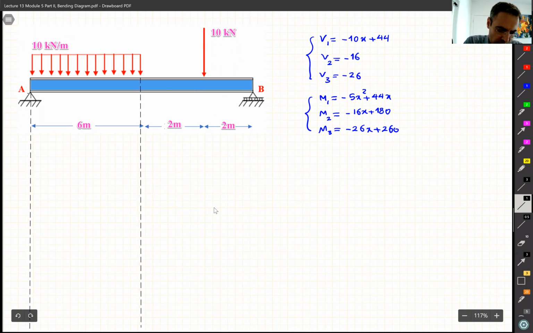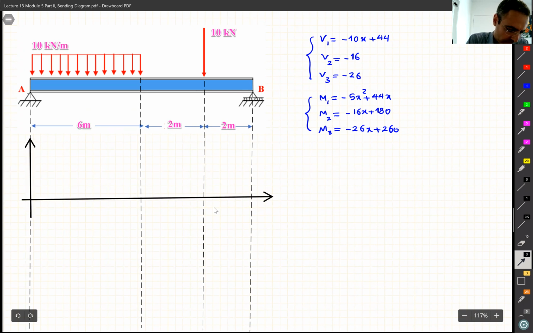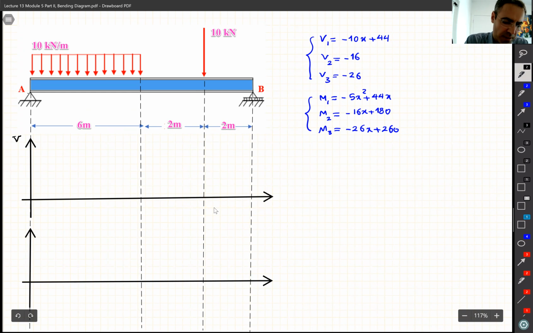So again, I draw the boundaries, and then I draw my V and M axes. So this is V and this is M. V, X, M, X. All right. So our plan is to draw these things, right?